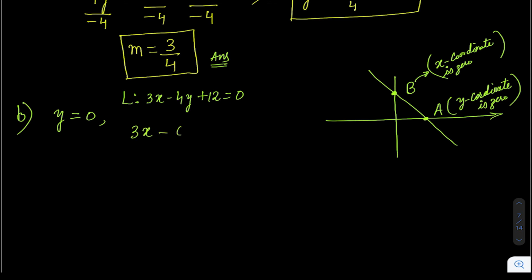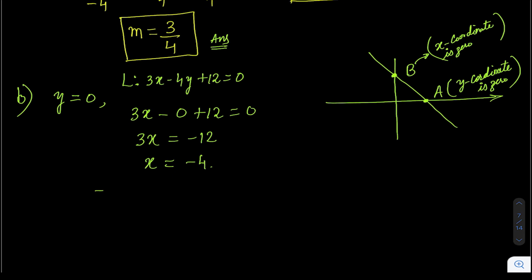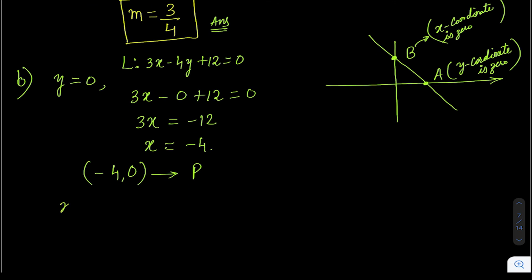So 3x minus 0 plus 12 equals 0, and 3x equals minus 12. So x will be -4. When x is -4, y is 0. This is a point on the x-axis, so this is point P.